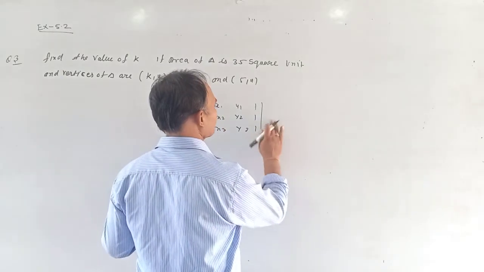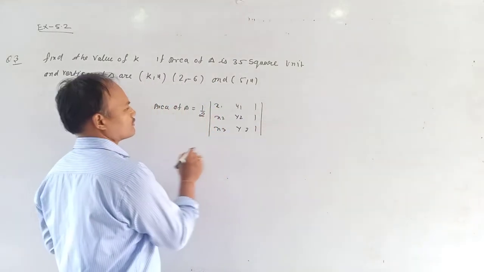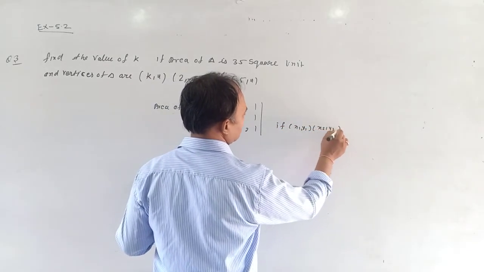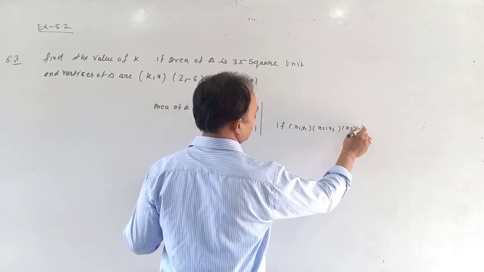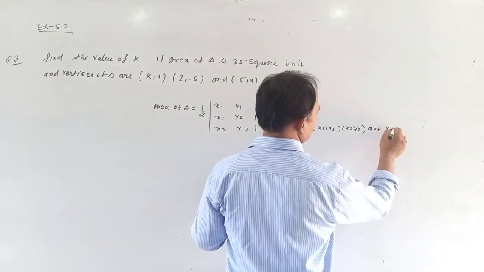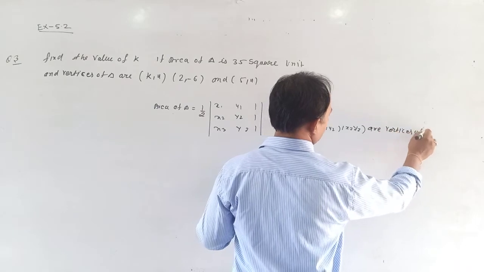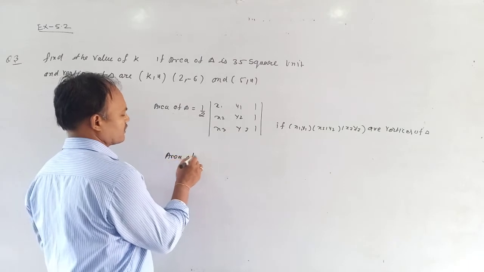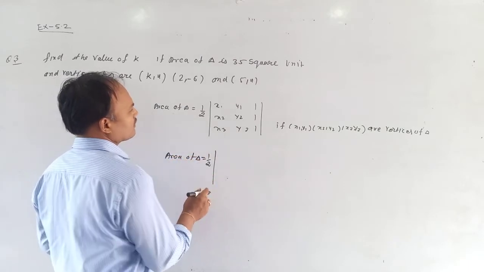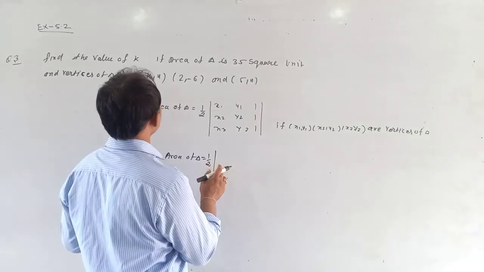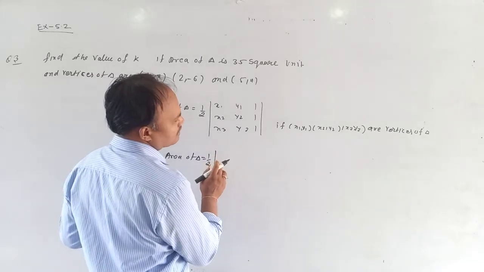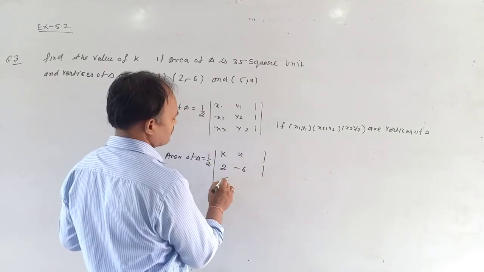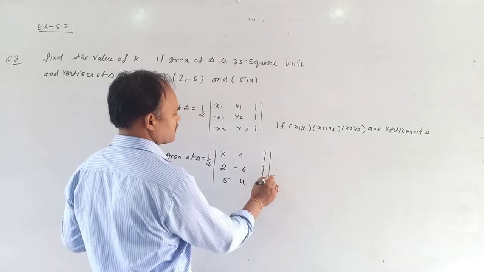It is a formula, where (x1, y1), (x2, y2), (x3, y3) are vertices of triangle. Now area of triangle equals 1 by 2 times the determinant with rows k 4 1, 2 minus 6 1, 5 4 1. Okay, so it is plus minus 35.